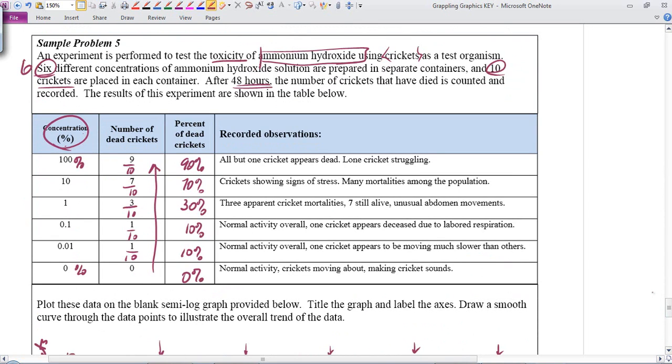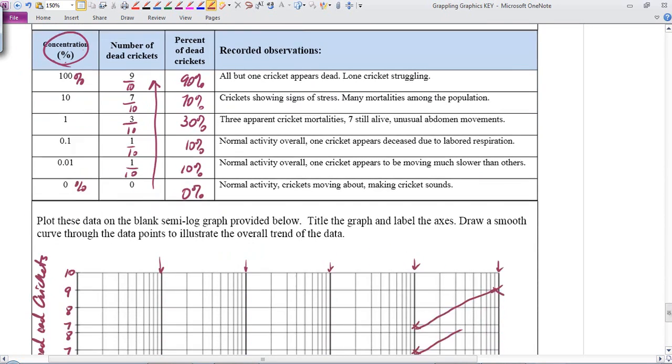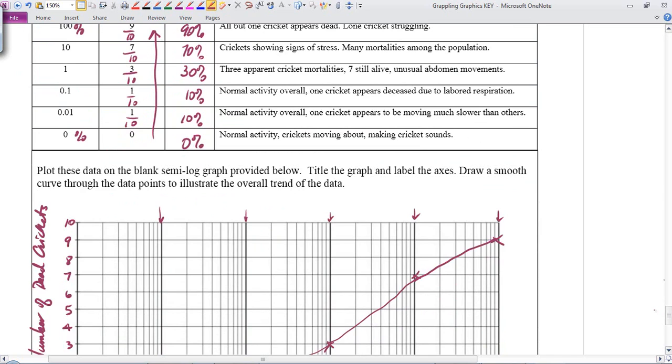What they did not tell us in here is that this is actually a study on what we call LD50, lethal dose 50. So LD50 test for ammonium hydroxide on crickets is an excellent title for that.